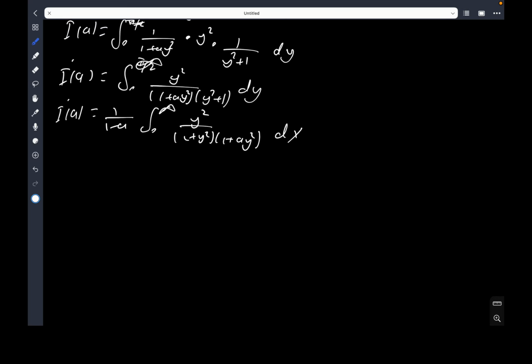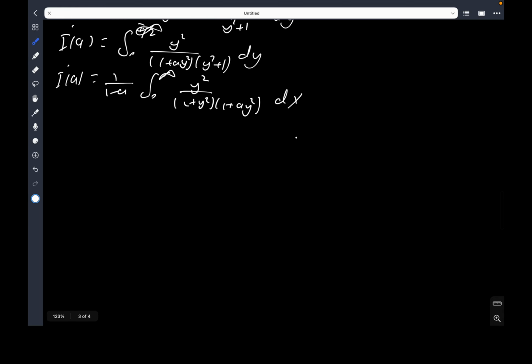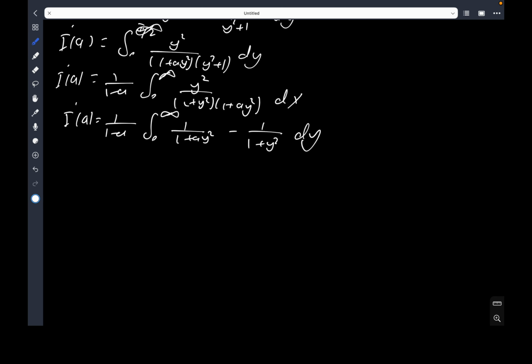So here I can do fraction decomposition. You can do it on your own, but I'm not going to do it here because it's going to be a long video. The integral from 0 to infinity of 1 over 1 plus ay squared minus 1 over 1 plus y squared, dy.